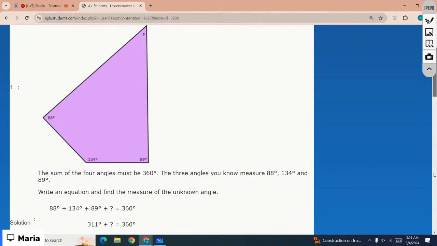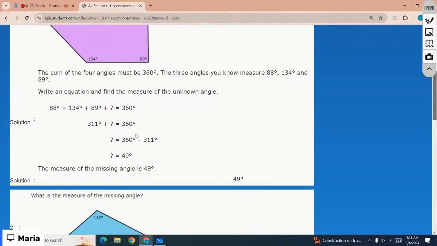So you need to add up all the angles and subtract out of 360, so you end up with 49 degrees. So that means the missing angle is 49 degrees, right?